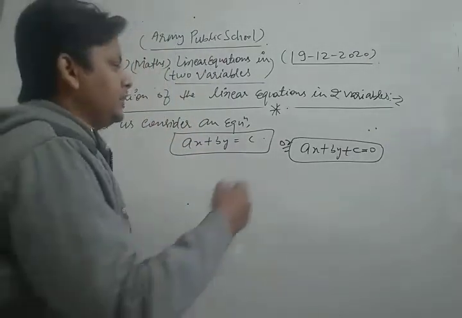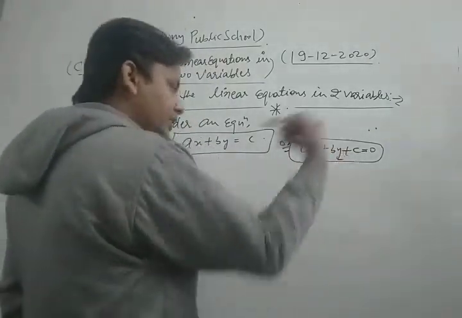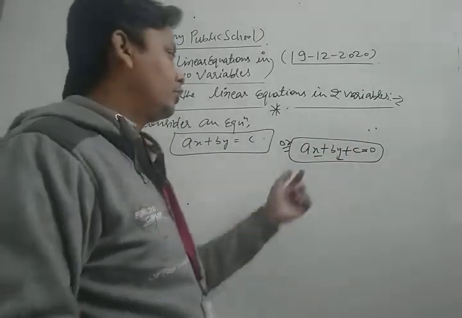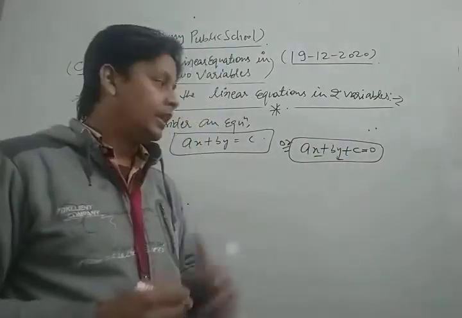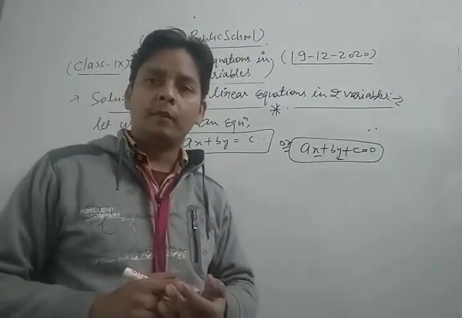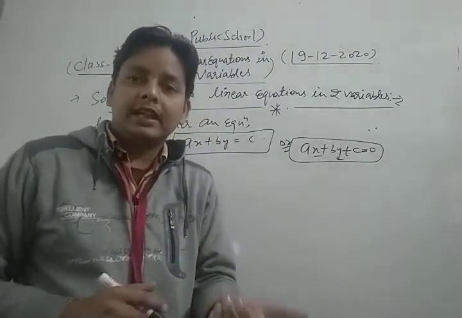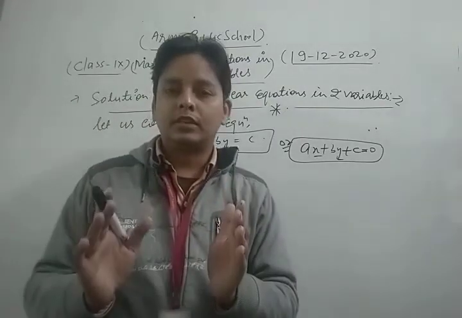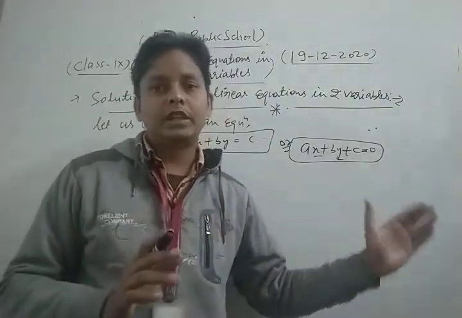Means if we put the values of x and y in the left hand side of that equation and that equation becomes equal to 0, then that pair of values is known as the solution of the linear equation.